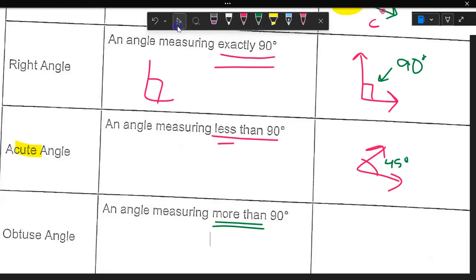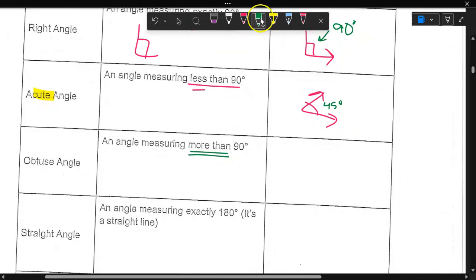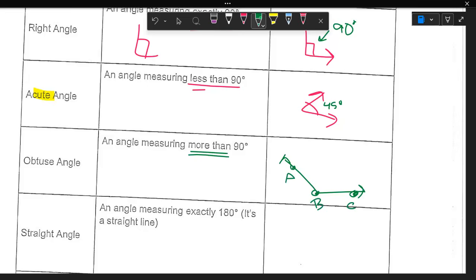So this is a very big angle here. Like this. We can put some points here like we did already. A, B, C. And we could say this angle is 140 degrees, which is way bigger than 90.